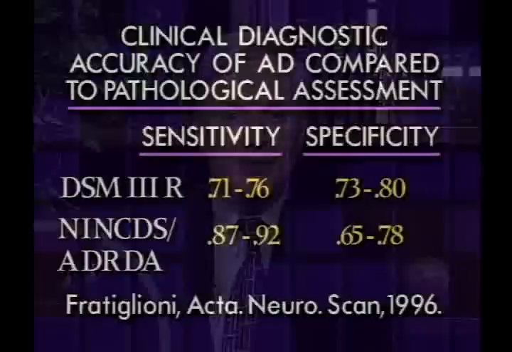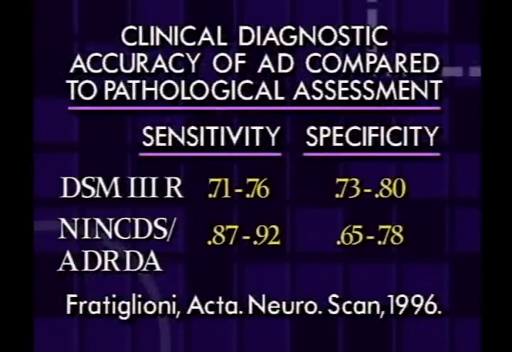As you see in the next graphic, both the sensitivity and the specificity of the more commonly used systems of diagnosis, whether it be the DSM, NINCDS, or the ADRDA, is relatively high, anywhere between 70 and 90% for both sensitivity and specificity. The take-home message is if you do a good clinical history and a good clinical evaluation, the chances are about 9 out of 10 that you will arrive at a proper diagnosis.